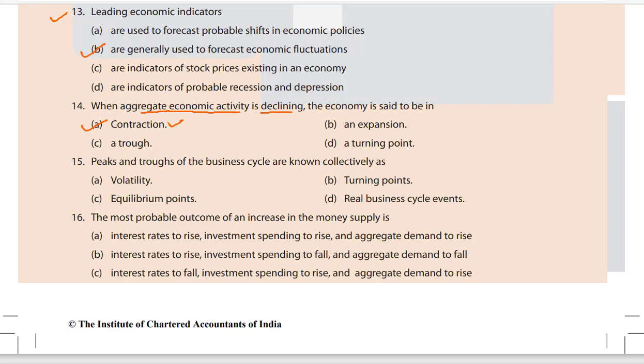Question 15. Peak and trough of a business cycle are known collectively as A, volatility, B, turning points, C, equilibrium points, or D, real business cycle events.